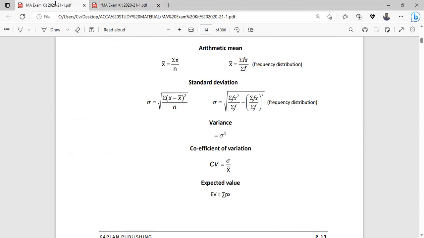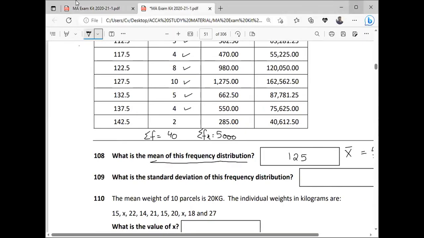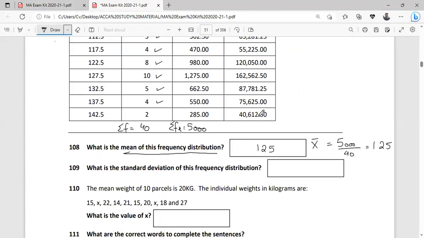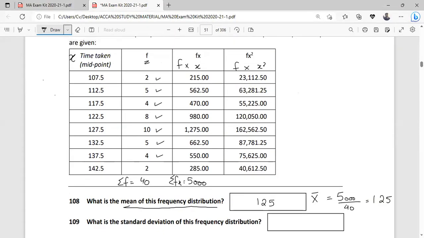It measures risk and is equal to the square root of sum of fx square. So we will add up all these values.